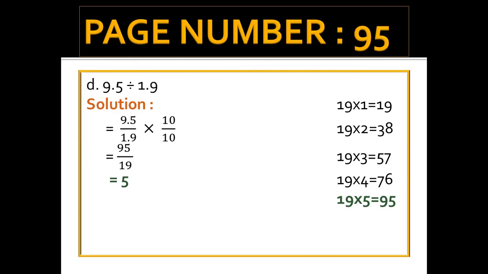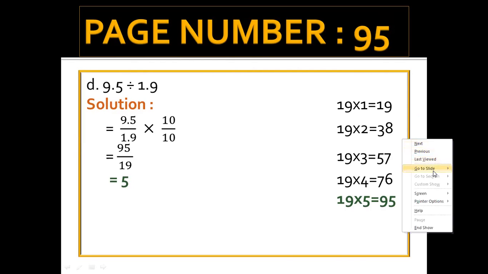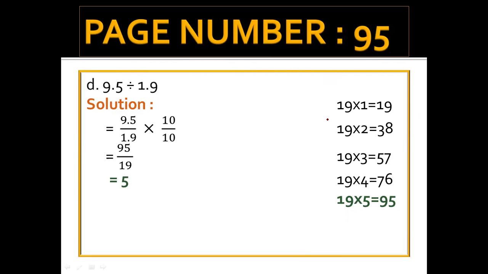For your convenience, I write here the table of 19. 19 ones are 19, twos are 38, threes are 57, fours are 76, and at the end 19 fives are 95, and this is our required number. So 9.5 divided by 1.9, 5 will be the required answer.